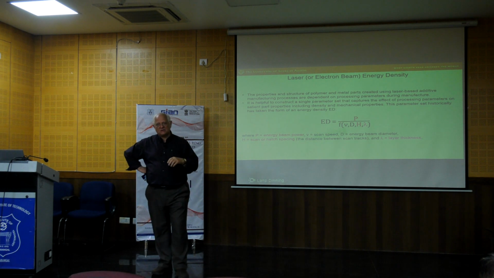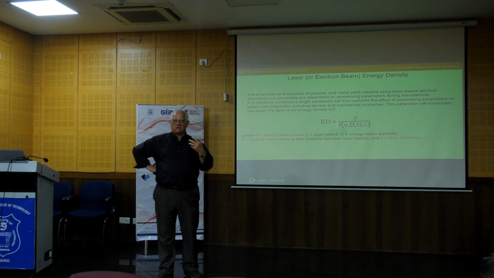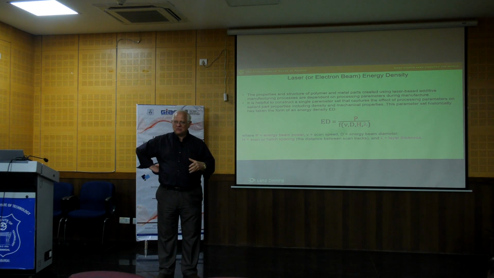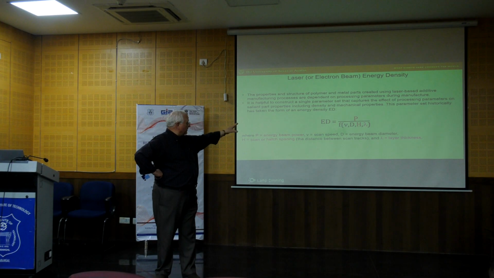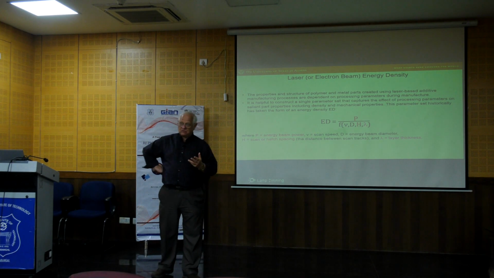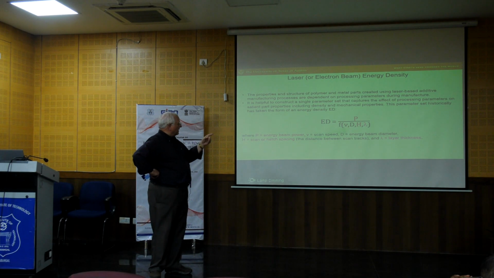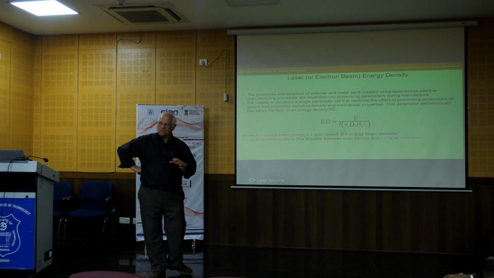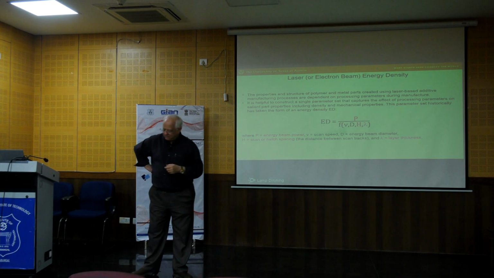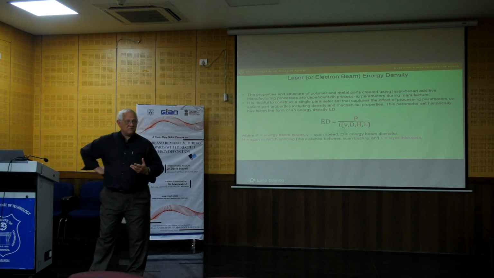And typically there is more than one machine parameter that needs to be set. For example, with directed energy deposition, and also with powder bed with the energy sources, there typically are 4 or 5 really important ones that operators have determined.